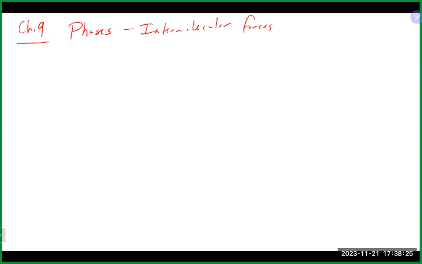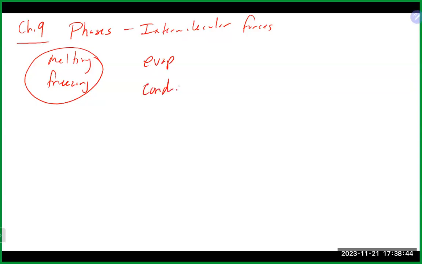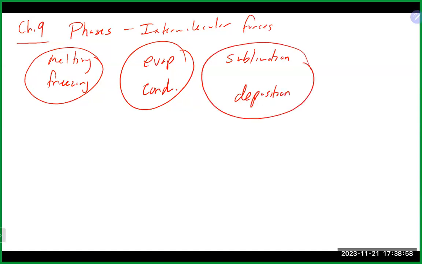So we talked about the processes of all those changes of state: melting, freezing, which happen together at the same temperature, the normal melting or freezing point of a substance; evaporation and condensation, which also happen at the same temperature, the normal boiling point of a substance; and sublimation and deposition, which also happen at the same time.